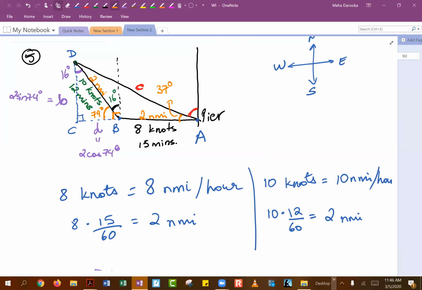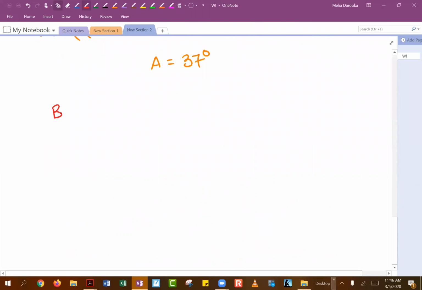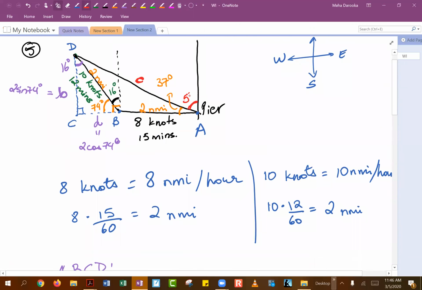You're just doing 90 minus, right? Because this little corner here with the pier is going to make a 90-degree angle. So you're just doing 90 minus the 37 to get your 53. So remember, 53 is the actual answer we're looking for. 37 just helps us get there.